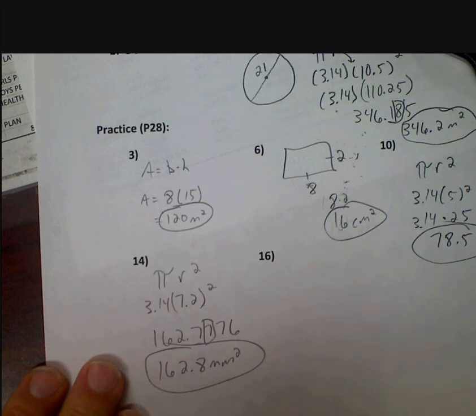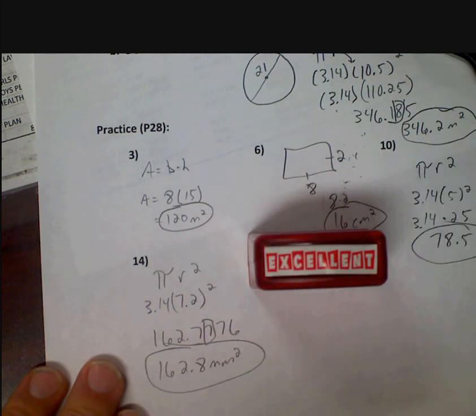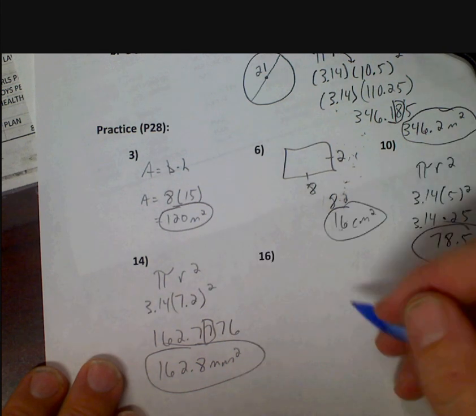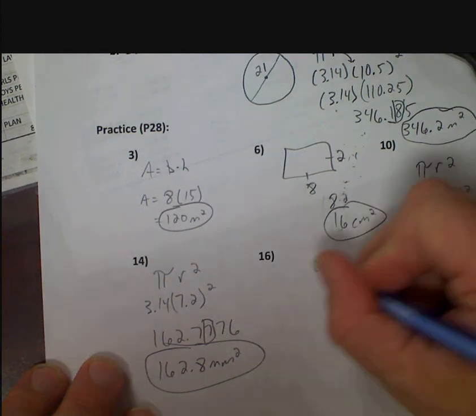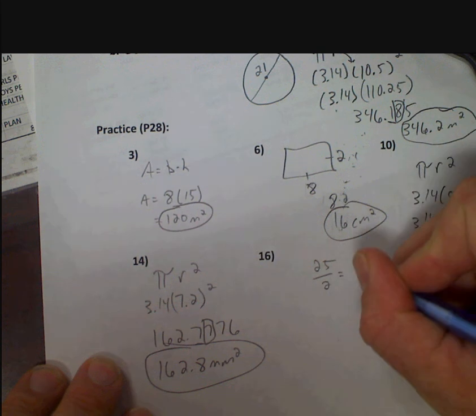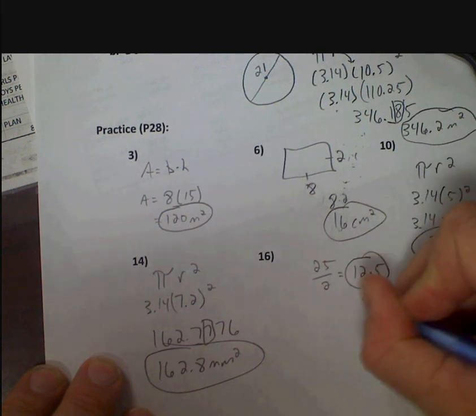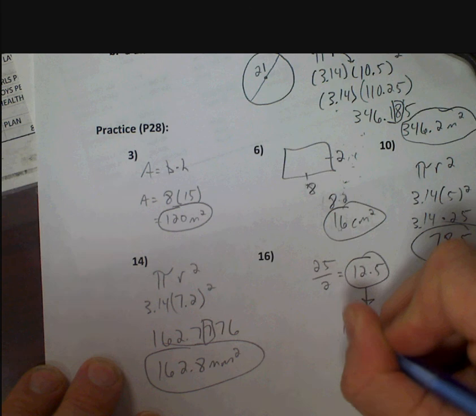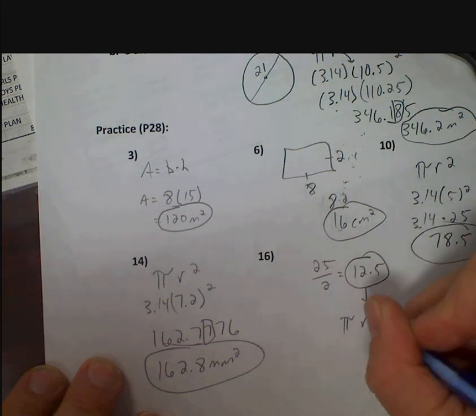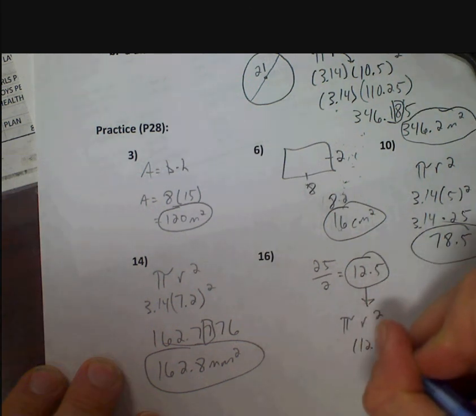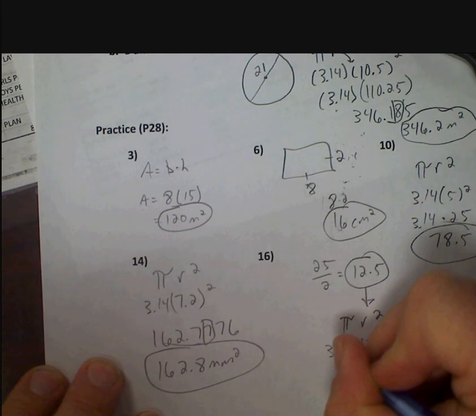Go ahead and try number 16. Pause the video and try. So a diameter of 25, so 25 divided by 2 would be 12.5. So this is my radius. So pi r squared, my radius would be 12.5 squared times 3.14.